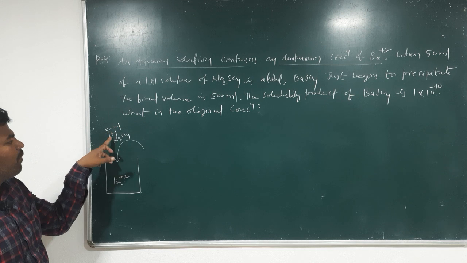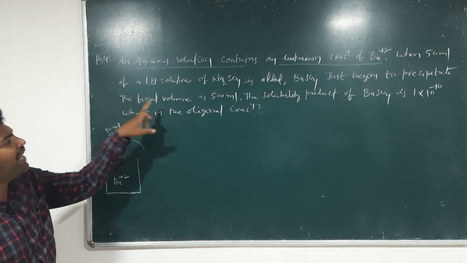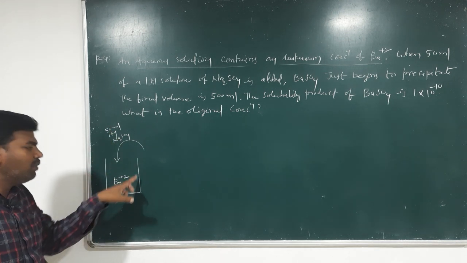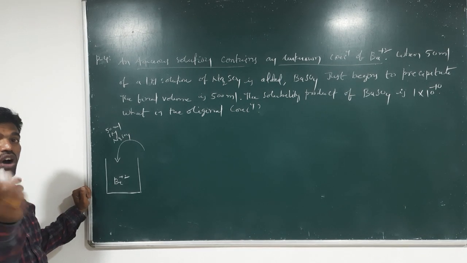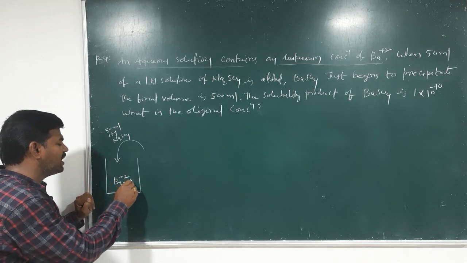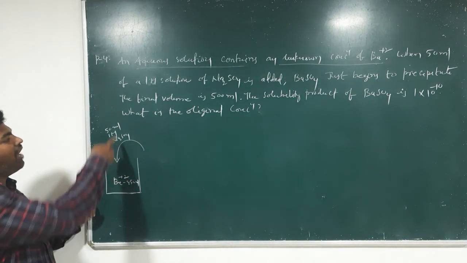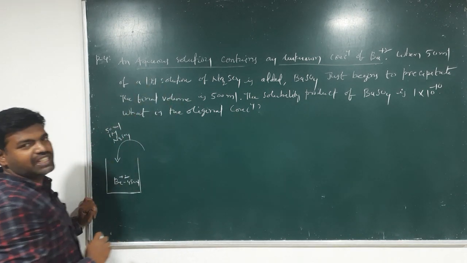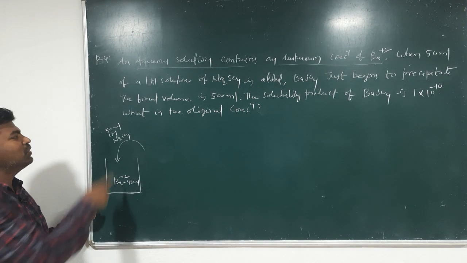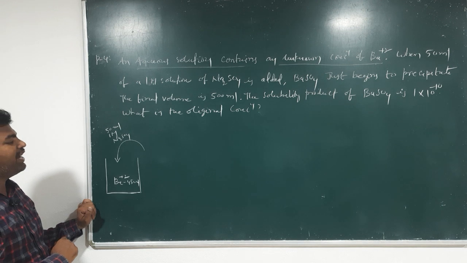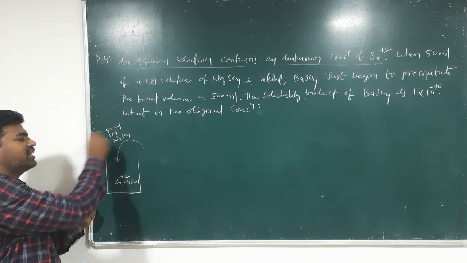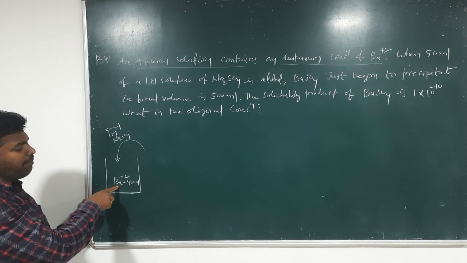When 50 ml of 1 molar Na2SO4 is added, the final volume is 500 ml. So when 50 ml is added, the total volume becomes 500 ml. How much volume of the barium solution is present here? 450 ml, because after adding 50 ml, the final volume of the solution is 500. So we know the 50 ml Na2SO4 concentration, but we do not know the barium plus 2 concentration.